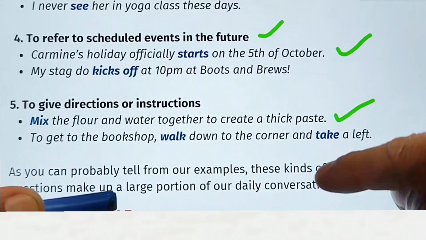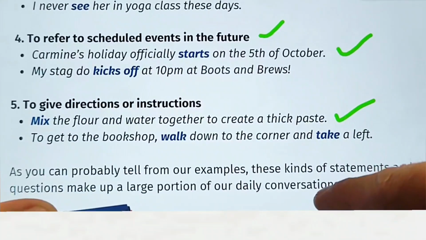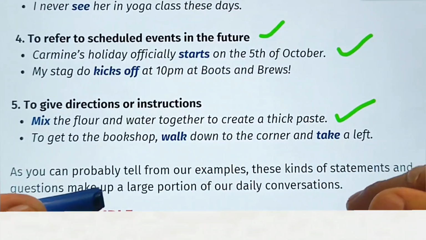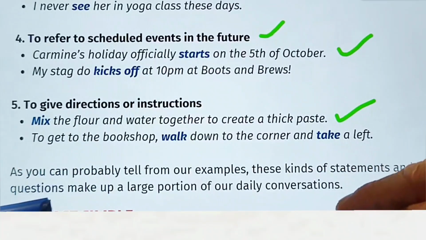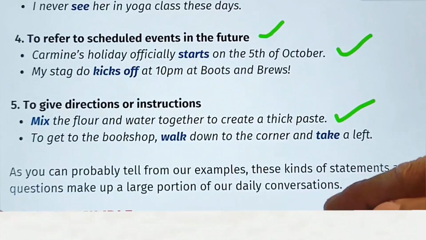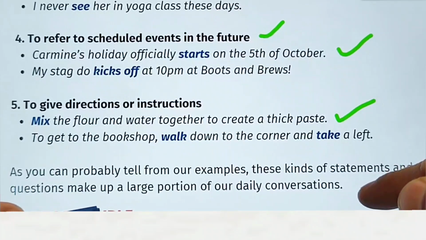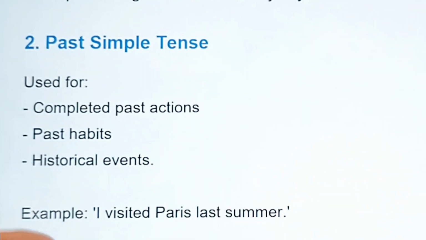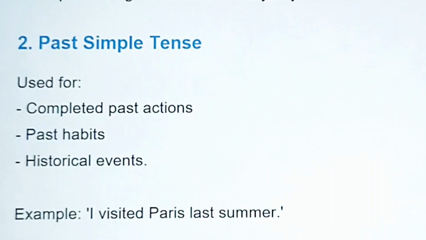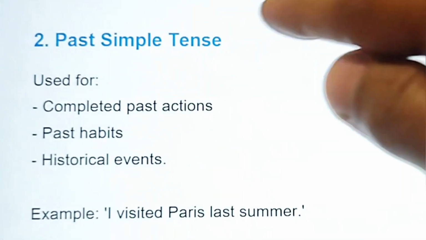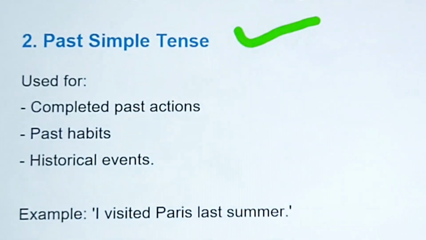As you can probably tell from our examples, these kinds of statements and questions make up a large portion of our daily conversation. Let's move on to the next tense, and the next tense here is past simple tense.